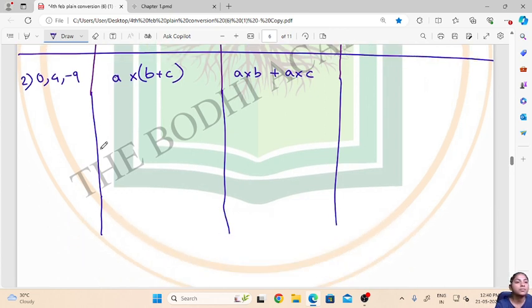So we have 0 as a, then 4 plus minus 9, and then here we have 0 into 4 plus 0 into minus 9. Let us solve these two.